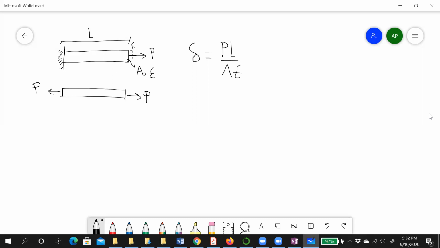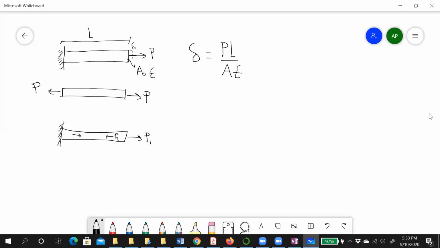But the question is, what happens if we have the same element and this force, and some additional force here, maybe P2, if this is P1?